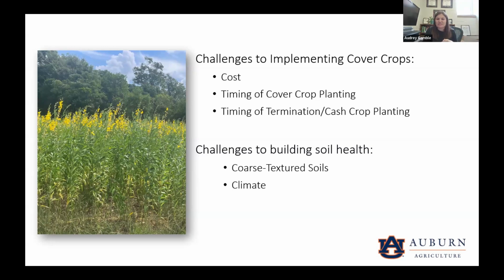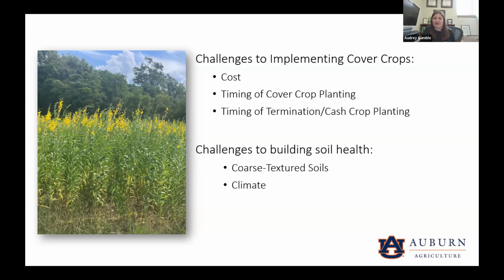There's also some challenges that we have to building soil health here in our climate in Alabama. In Alabama, we have a lot of coarse textured soils, so sandy soils, and it can be a little bit harder to build organic matter in our soil types compared to regions with higher clay content.